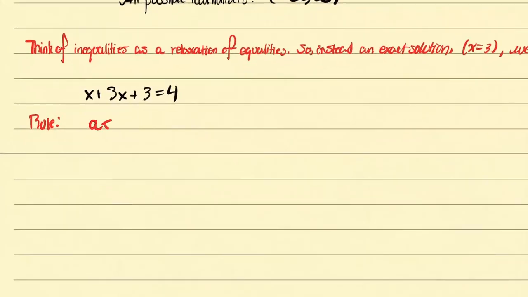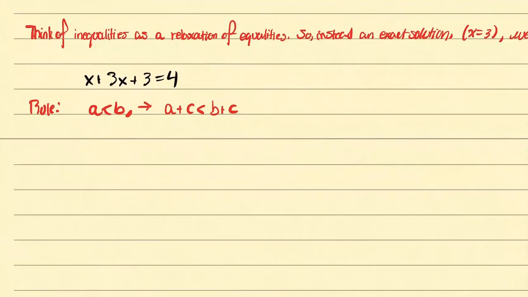If a is less than b, then what I can do is add c on both sides, and the inequality remains the same. So I don't change the inequality by adding something to both sides of an inequality.